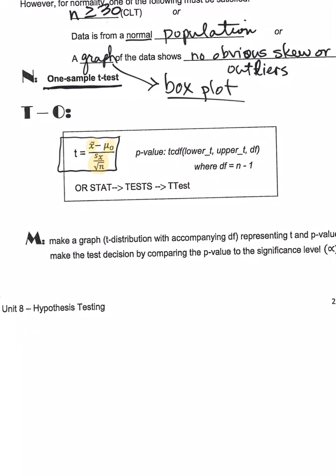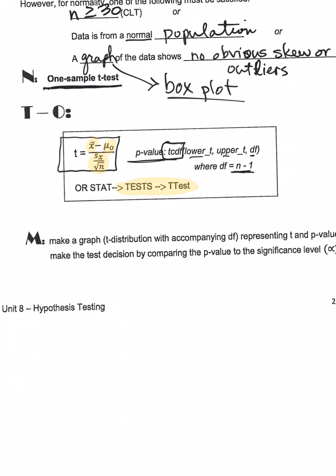All right, and to find the p-value, instead of a normal CDF, because normal CDF is only used for your Z scores, right? Since this is a T score, we use T-CDF, which we've done before. And don't forget, you've got your lower, your upper, and your degrees of freedom. And notice your test on your calculator is a T-test.